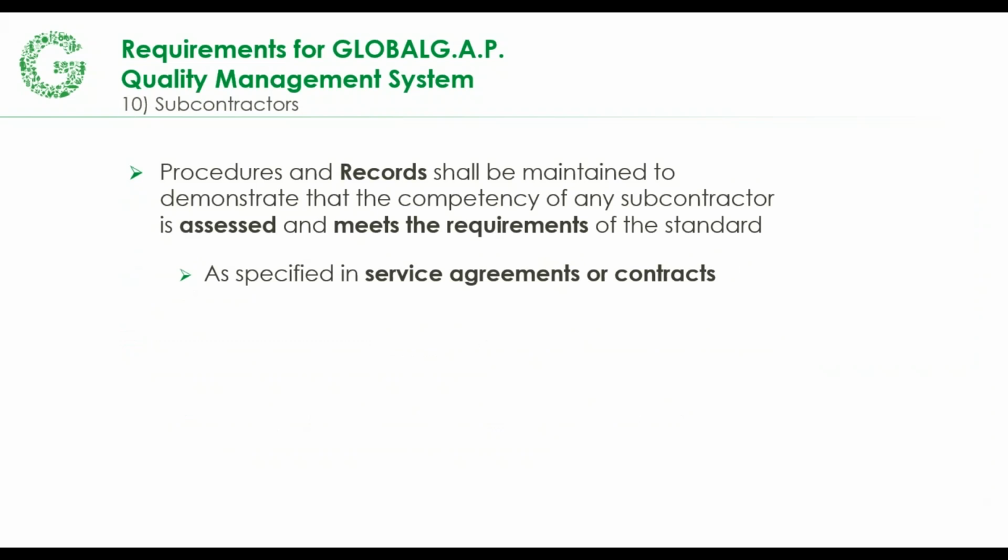In terms of subcontractors, sometimes a packing house is responsible for the harvest of that product. So maybe the QMS then is responsible for developing the subcontractor assessments and making sure that those subcontractors meet those requirements.